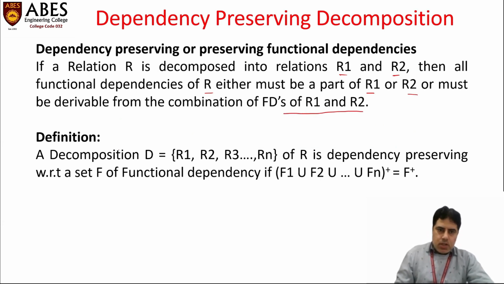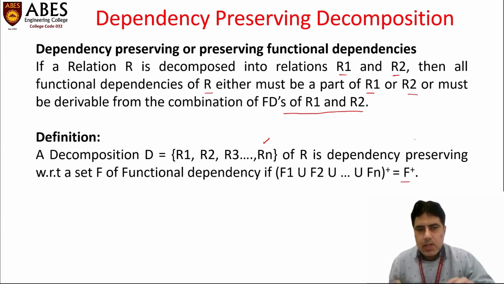So the definition: a decomposition D = {R1, R2, R3, ..., Rn} of R is dependency preserving with respect to a set F of functional dependencies if (F1 ∪ F2 ∪ ... ∪ Fn)+, the closure of the union of all functional dependencies, is equal to the closure of the original set of functional dependencies, F+.